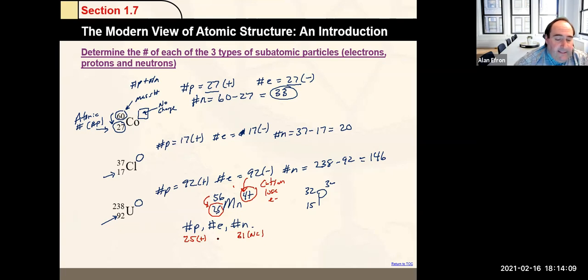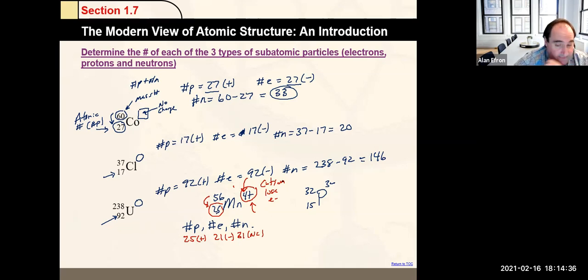That means this guy should end up with 21 electrons. 25 positive guys plus 21 negative guys is going to leave us that +4 positive charge left over on that particular one. Any questions on that first one there?